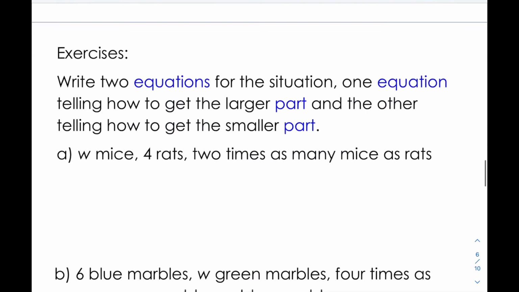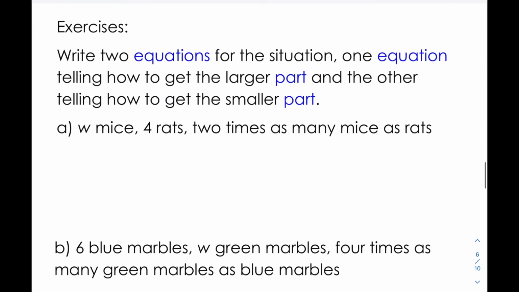So let's see what that would look like in an actual question. So we're going to write 2 equations for the situation. One equation telling how to get the larger part, and the other one telling how to get the smaller part. So we have W mice, so this is a variable, an unknown number. 4 rats, 2 times as many mice as rats.